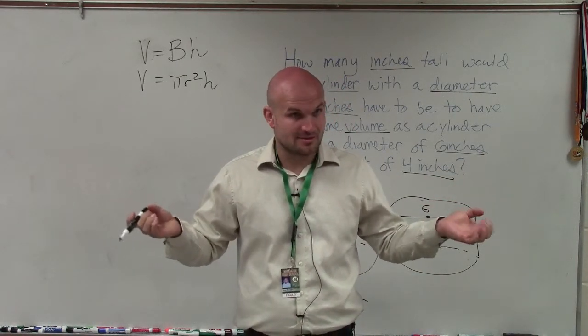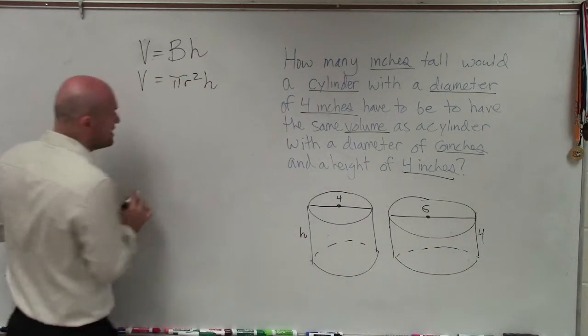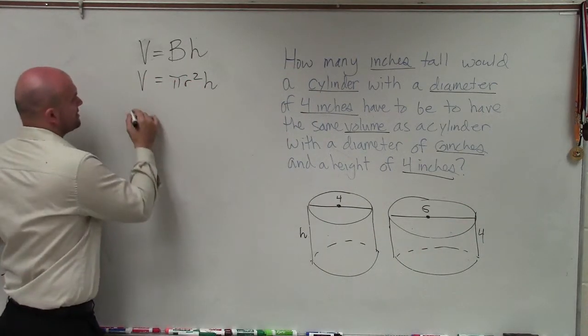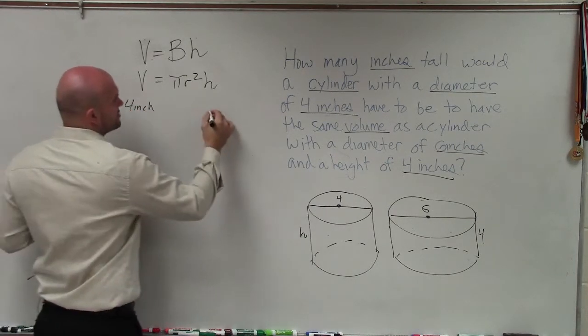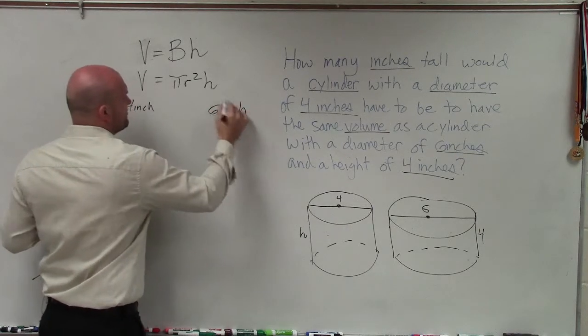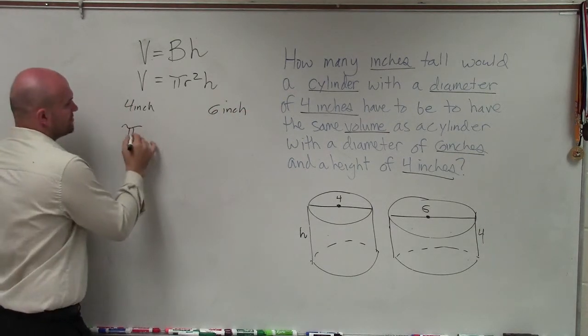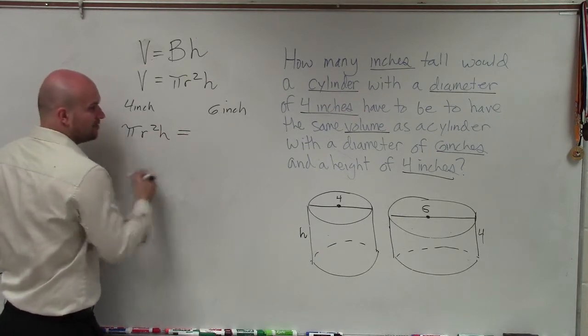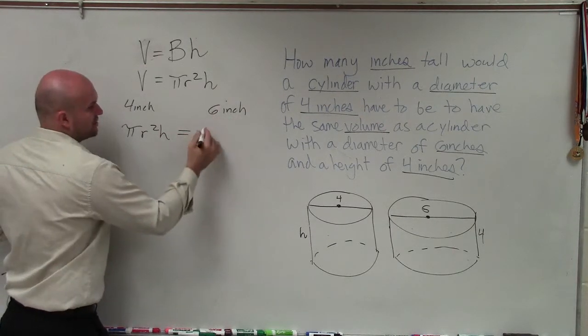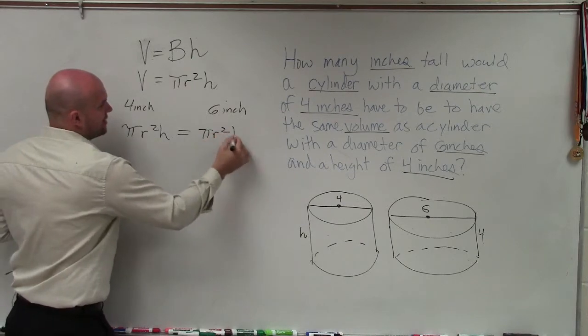Does that make sense? So the key equation you guys are going to want to write is, let's say here's the one that's the 4 inch, and then here's the one with the 6 inch. So the volume for the 4 inch, we use the formula pi r squared times height. And that has to be equal to the volume of the 6 inch cylinder, which is, again, pi r squared times height.